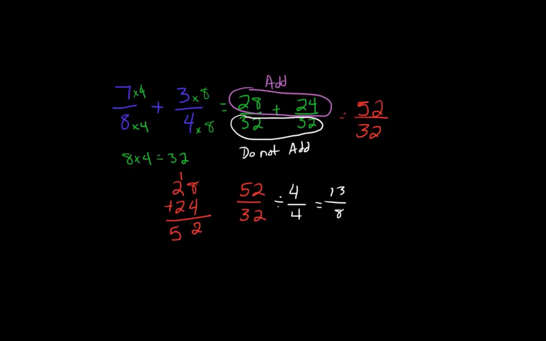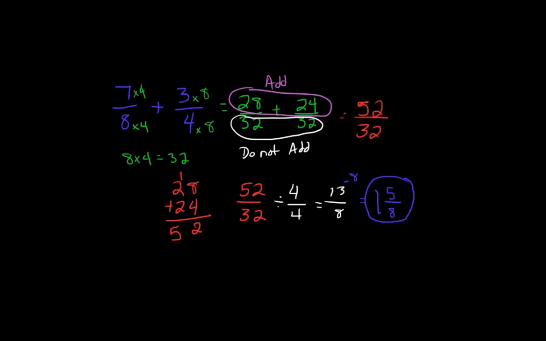We have to ask ourselves, how many 8s can we take out of 13? We can only take out 1, so the 1 becomes our whole number. Our new denominator is 8. 13 minus 8 gives us 5. And that becomes our new numerator. So 7/8 plus 3/4 gives us 1 5/8 as our answer.